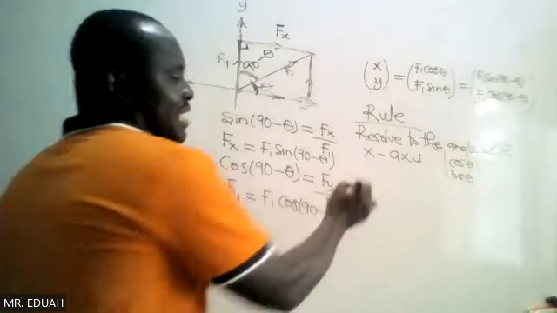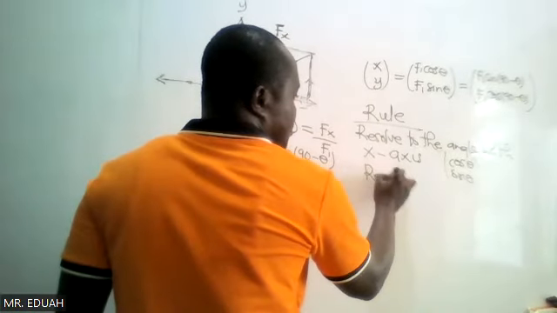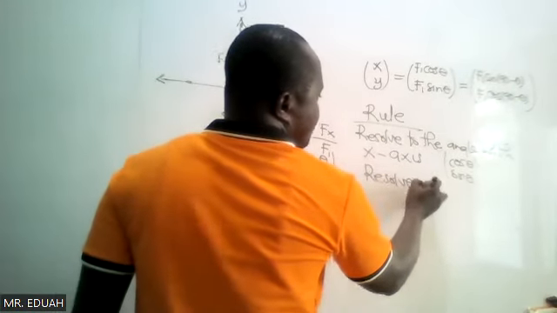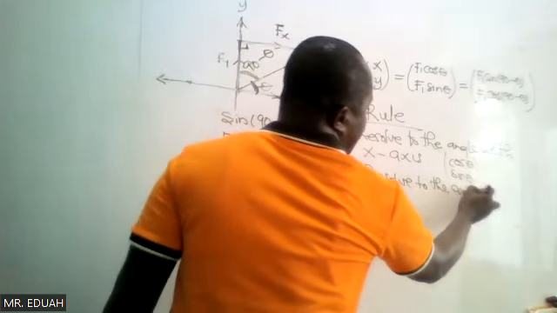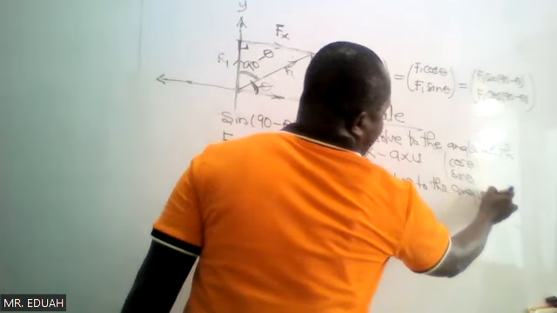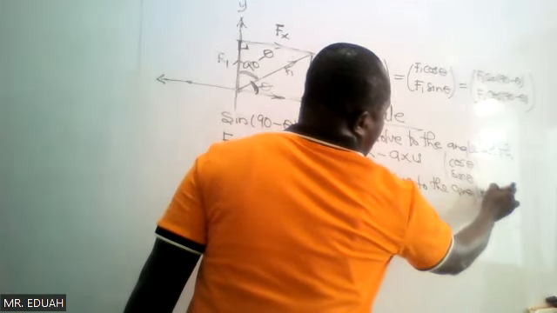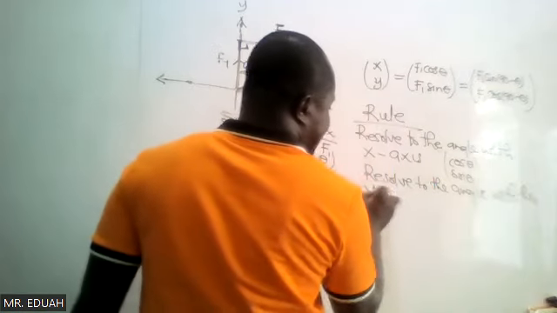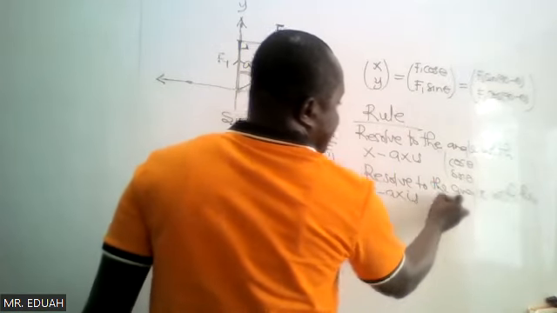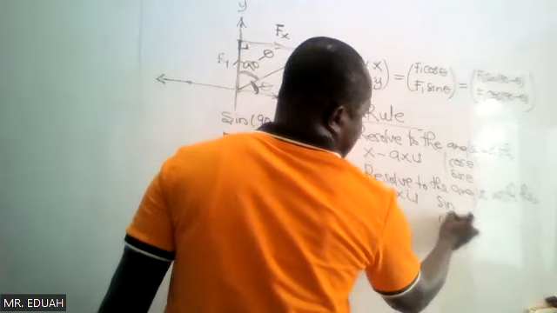If you are looking at the angle the vector makes with the y-axis, it is sine, cos.